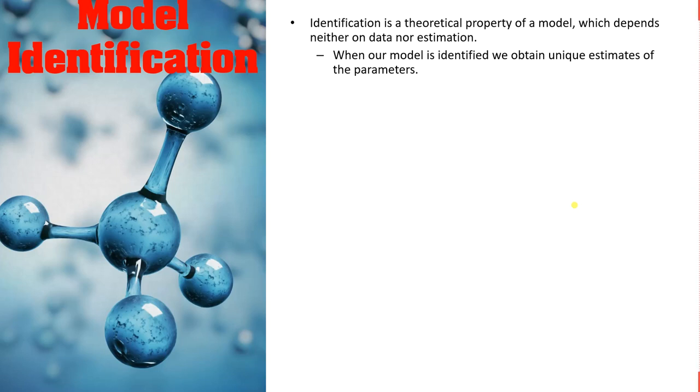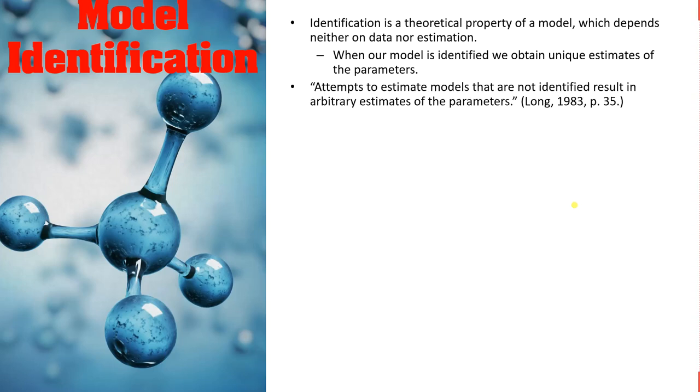So if we can uniquely estimate the parameters of the model, then we have been able to identify the model. This is one way of defining or understanding the concept of identification.